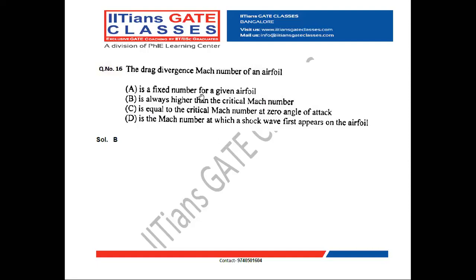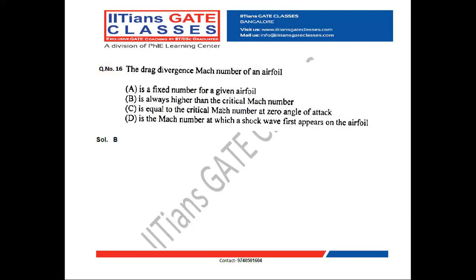Now we have to define what is drag divergence Mach number. Drag divergence Mach number is always higher than the critical Mach number, slightly at a higher Mach number compared to critical Mach number. Shock wave is formed on the aerofoil.